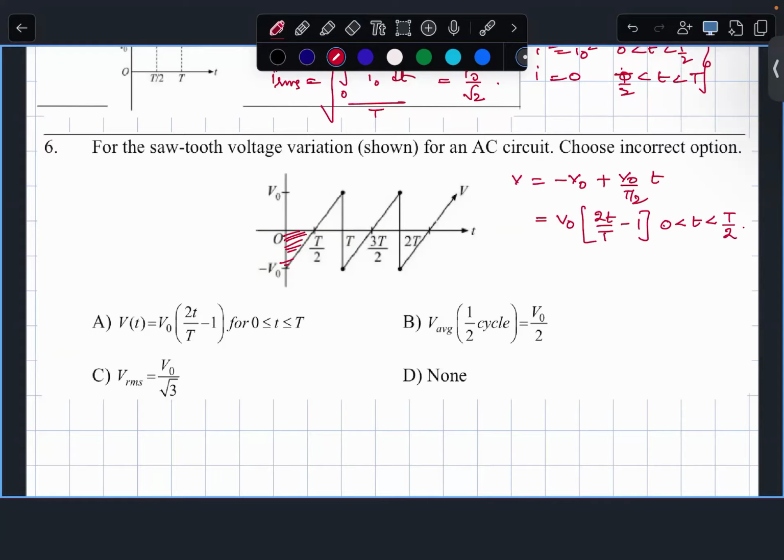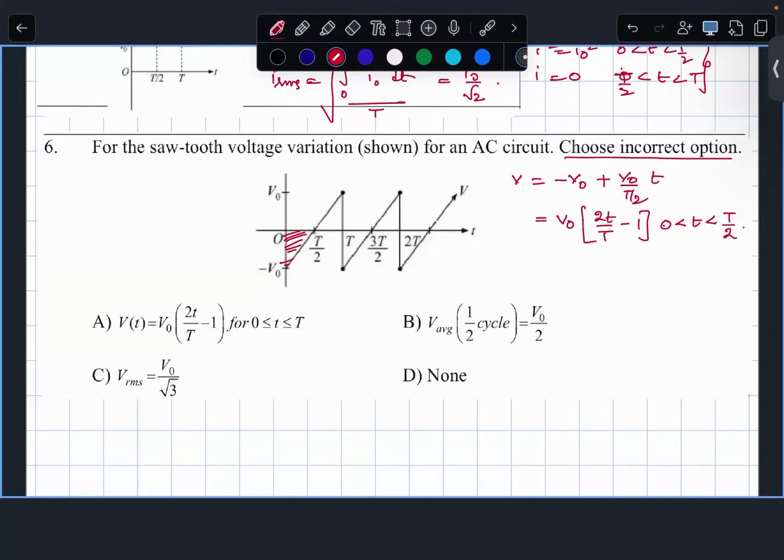In that case, A is not what you want, since you want the incorrect one. Okay, that is the correct option. And once t is greater than T by 2, accordingly, for example, if you put t equal to T... Choose incorrect options.